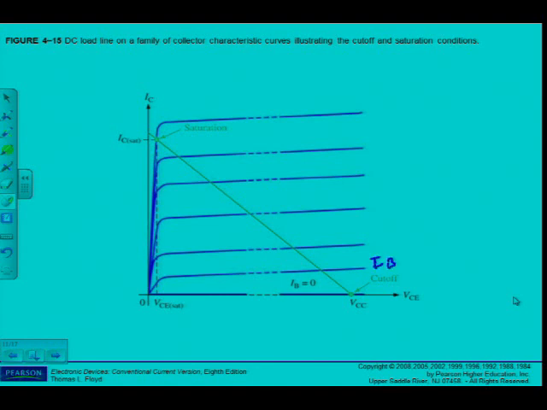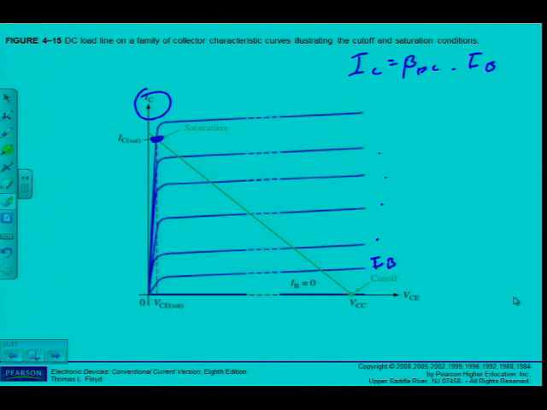As I increase IB, say 5 microamps, 10 microamps, 20 and so forth. And as I increase IB, I can see also that IC increases because of my formula. IC is equal to beta DC times IB.